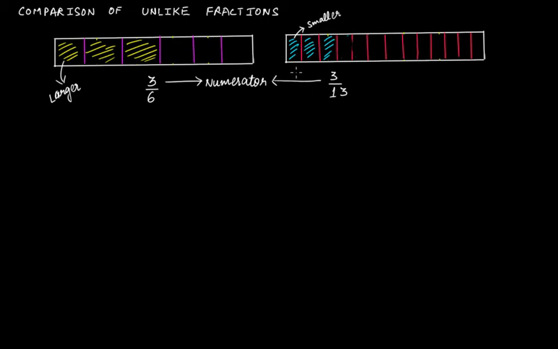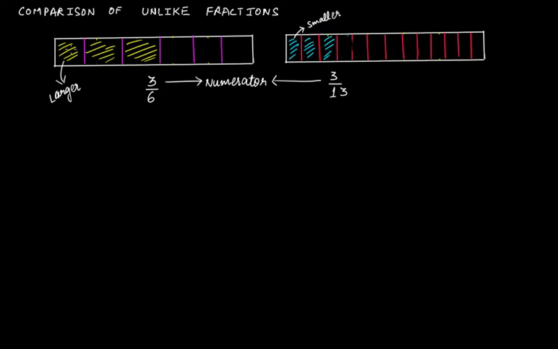If the numerator is equal, and I suppose this block was divided into 6 blocks and this block has been divided into 13 equal portions, then this 3 represents the 3 shaded portions of this one and this 3 represents the 3 shaded portions of this one. Which 3 shaded portions will occupy the larger space? We will say this one. Why?